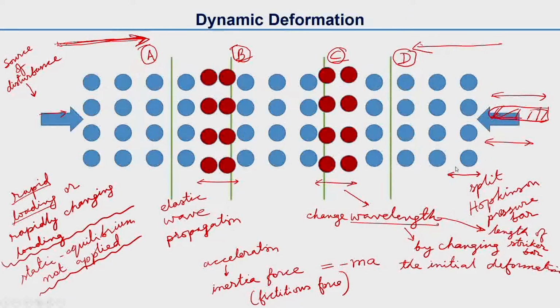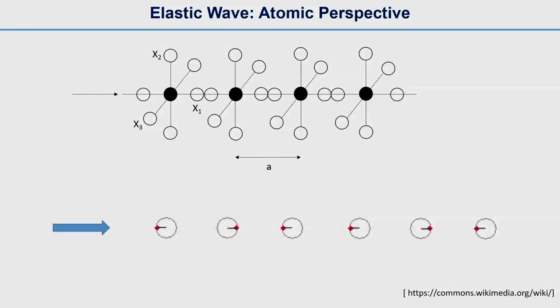So we'll go to the next part. We will discuss the elastic wave from an atomic perspective here. What we discussed in the previous slides was a very idealized atomic structure without considering any crystallographic constraint.